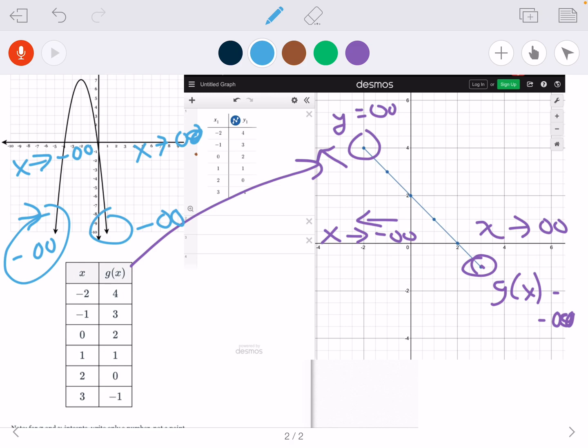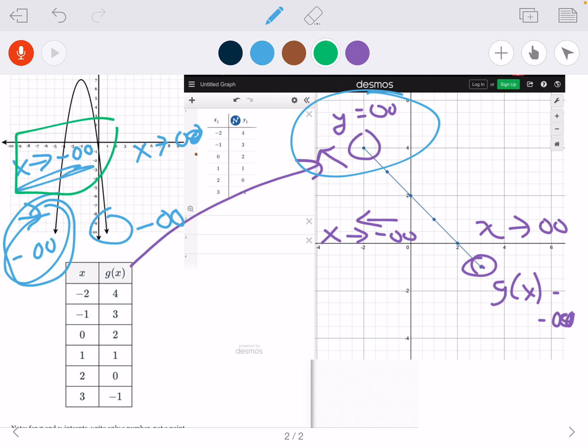So if you were comparing these two, let's look at the left sides. The left side of f of x is going to negative infinity. The left side of g of x is going to positive infinity. That's a comparison.